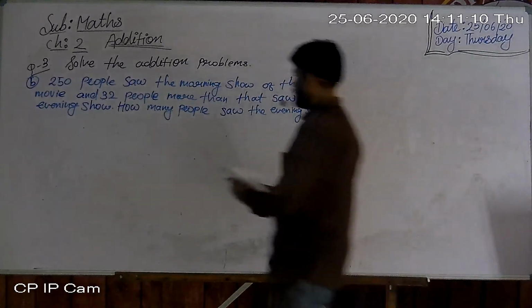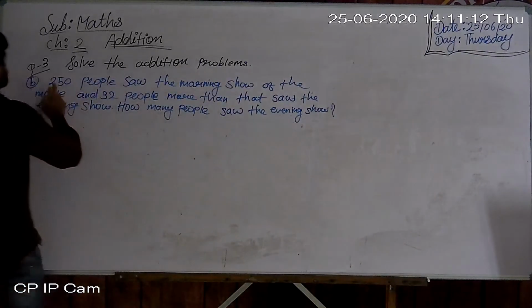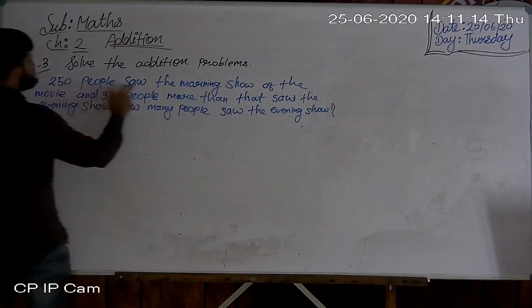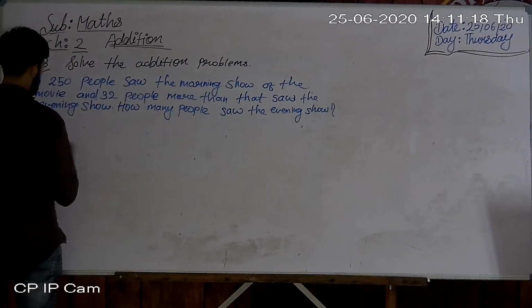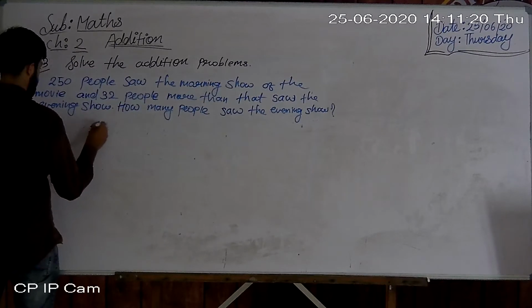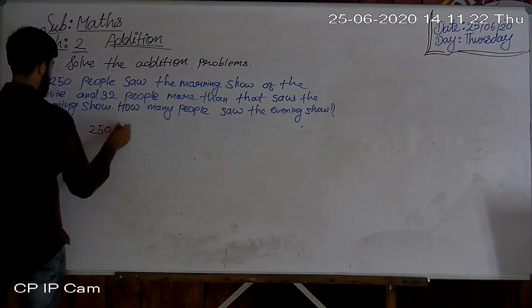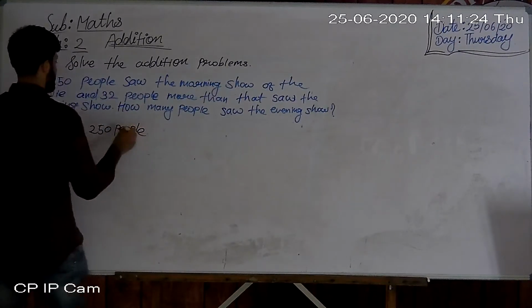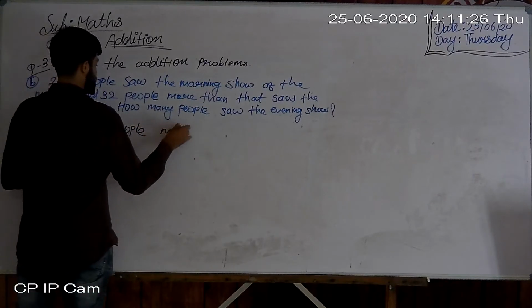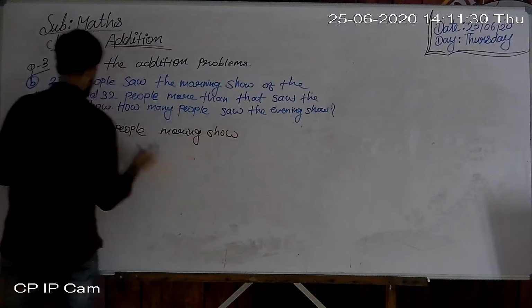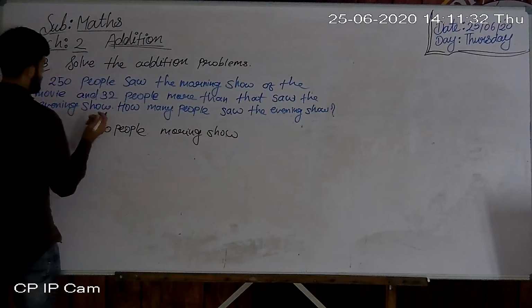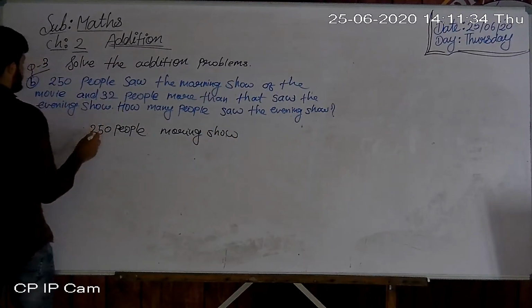Okay, so now let's start how to solve this problem. 215 people show the morning show. Okay, so how many people show the morning show? 215 people. At which time? Morning show. Which show? Movie.